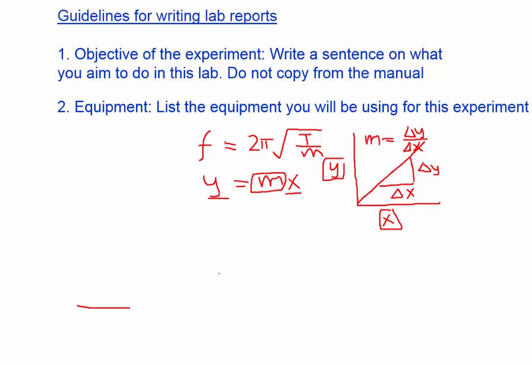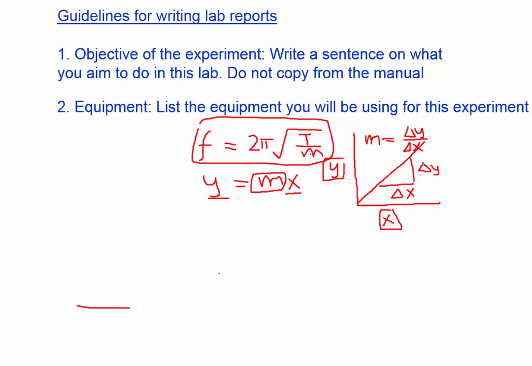Now, how do we write an equation like this in the y equal to mx form? We have identified already that T, the tension, is the independent variable and F is the dependent variable.